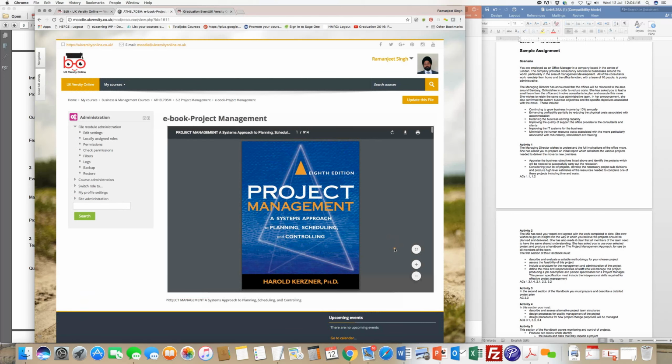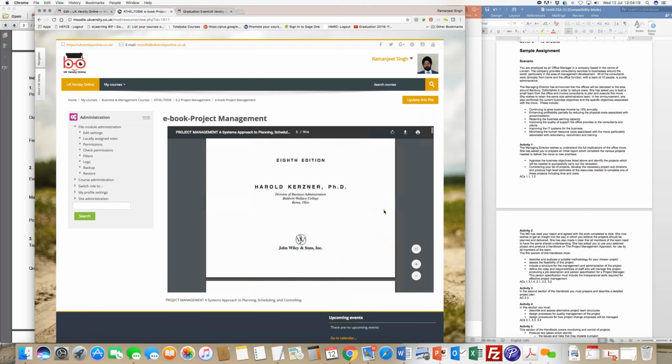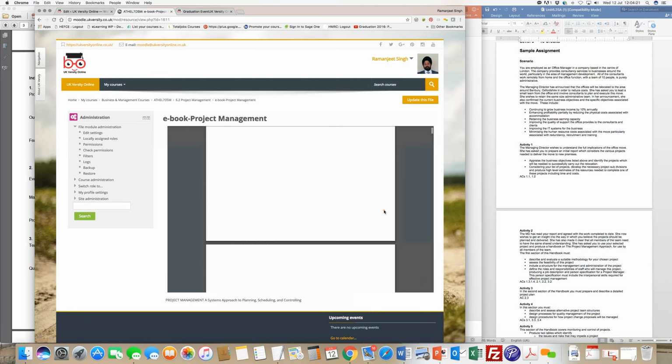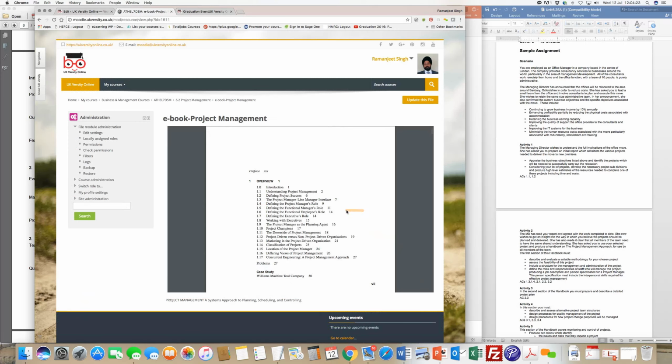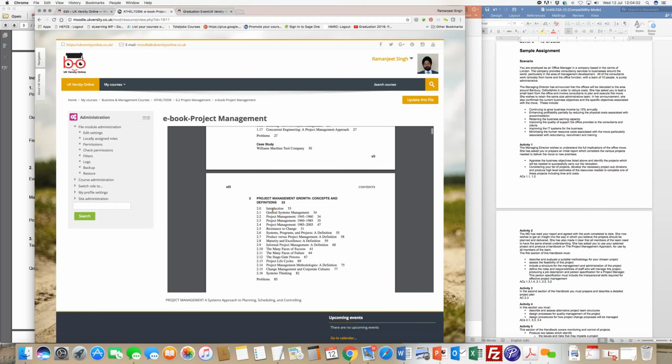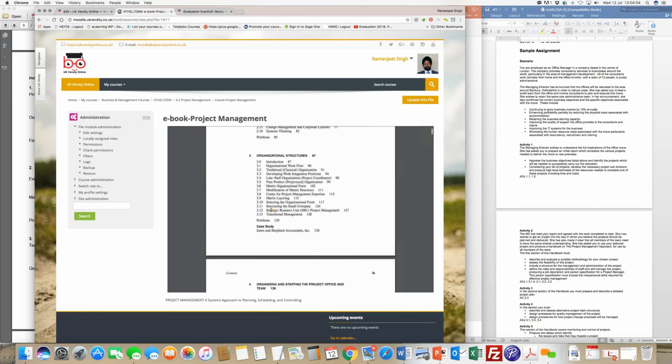It's quite an exhaustive book. As you can see, it's about 914 pages. We are probably not going to go through the whole book over these sessions, but I am going to ask you to read some pages of the book, which will help in doing the assignment when you look at some of the activities for it.